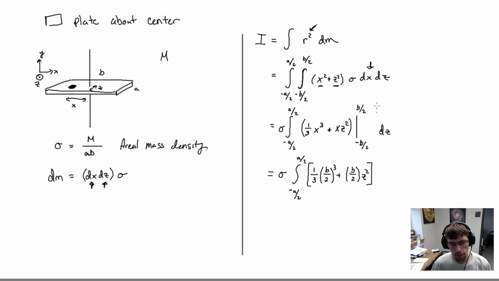So that's just evaluating at the upper limit. Then we need the lower limit: 1/3 negative b over 2 cubed plus negative b over 2 z squared. Of course, we still need that dz in there.